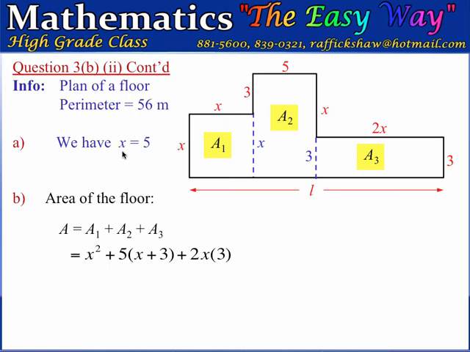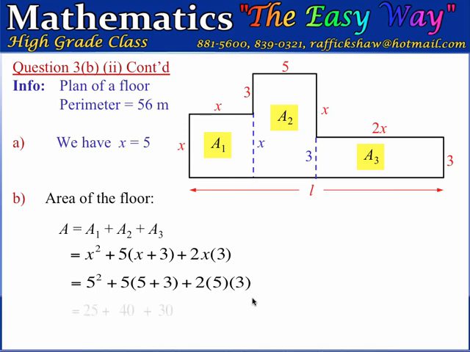And since we know that x is equal to 5, we can substitute 5 for x in this equation here. So x squared becomes 5 squared. 5 multiplied by x plus 3 becomes 5 multiplied by 5 plus 3. 2 times x times 3 becomes 2 times 5 times 3.